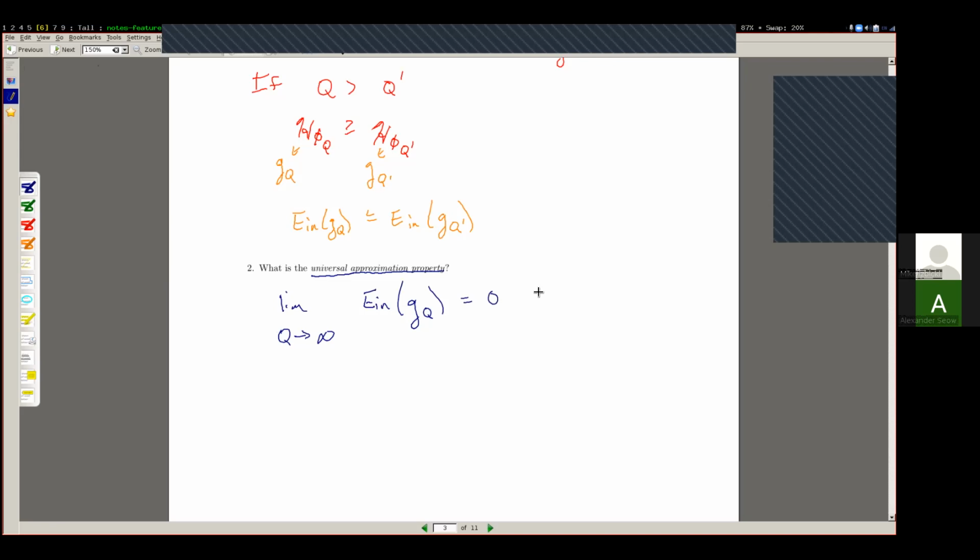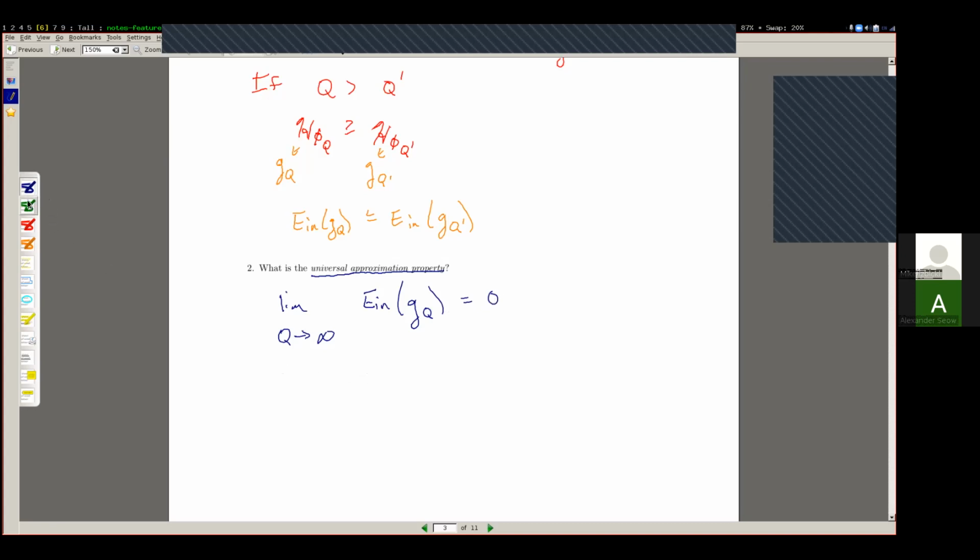So no matter how complicated your training data set is, there is some polynomial sufficiently large that we can exactly represent that data set.